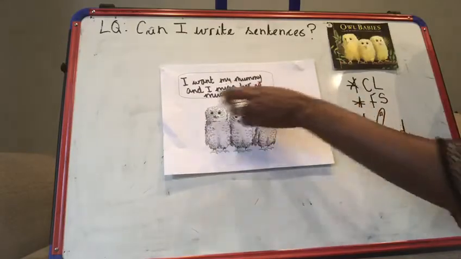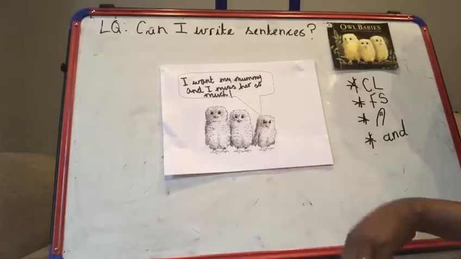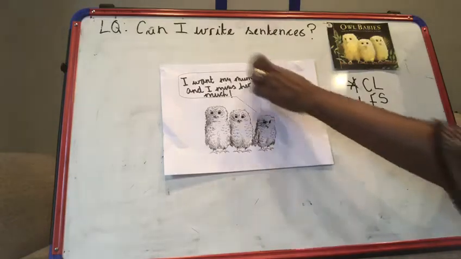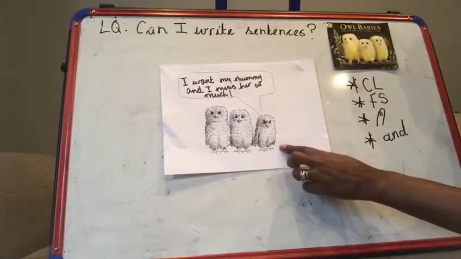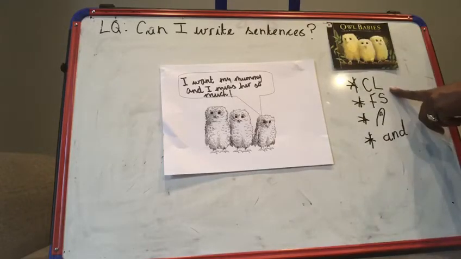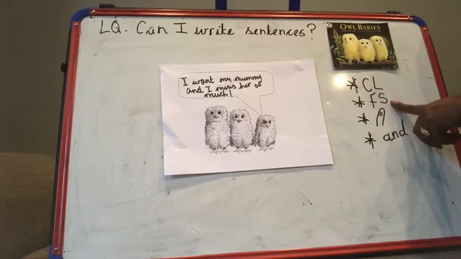So we have our little character Bill, who is speaking to his sister Sarah and Percy, and he says, I want my mummy and I miss her so much. Do you think that's what he might have said? I think you're right. So we can use speech to explain what a character might be saying. We've used our capital letter at the beginning of our sentence. Oh, we didn't use a full stop.